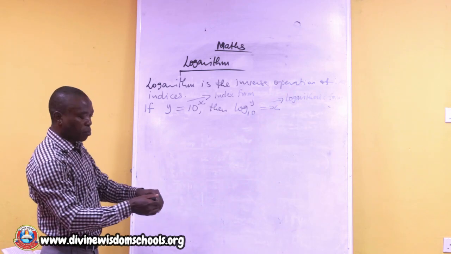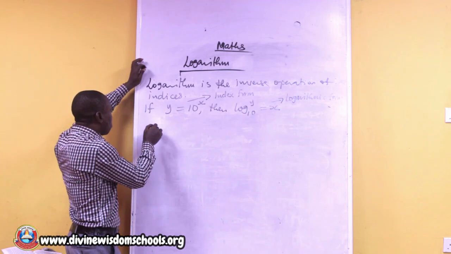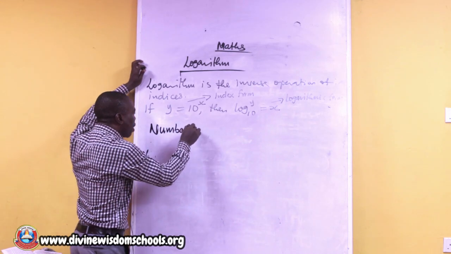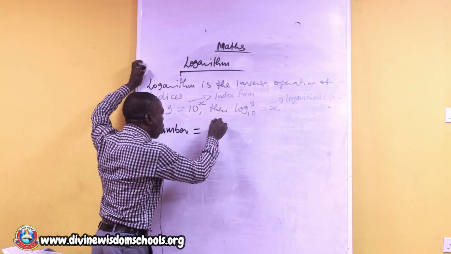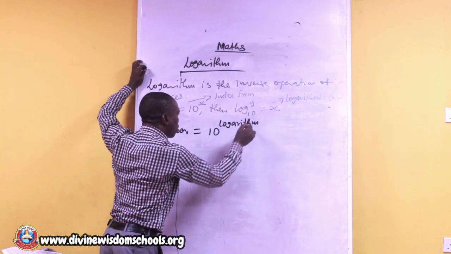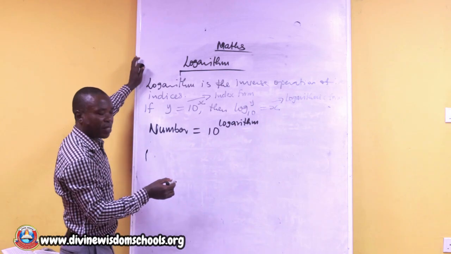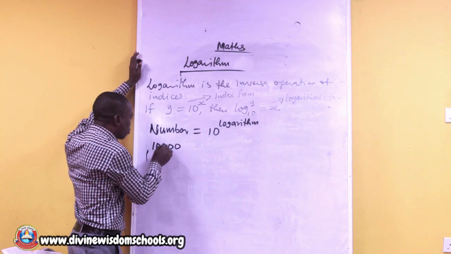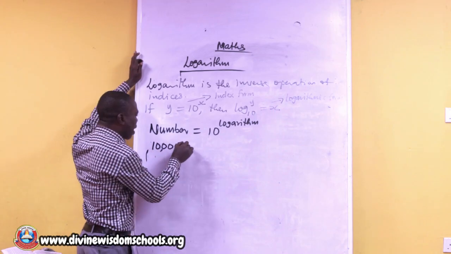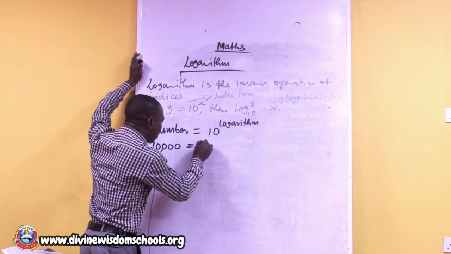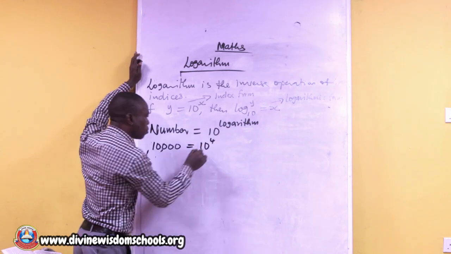Now look at this. A number is equal to 10 raised to power its logarithm. What do I mean by that? Let's say, for example, I have 10,000. 10,000 expressed in its index form is equal to 10 raised to power 4.